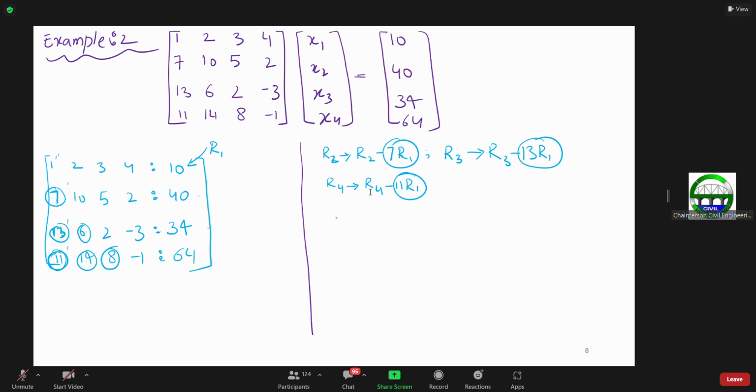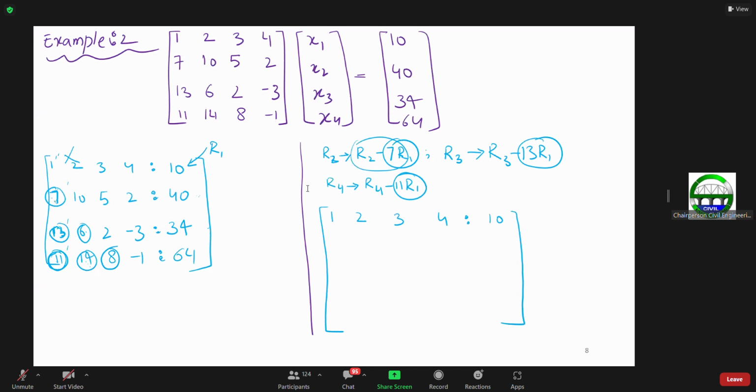Okay, so let's try to do it one by one. There will be no change in the first row, right? So I will write the first row like 1, 2, 3, 4 dots 10. Now we have to do this operation: R2 minus 7R1.